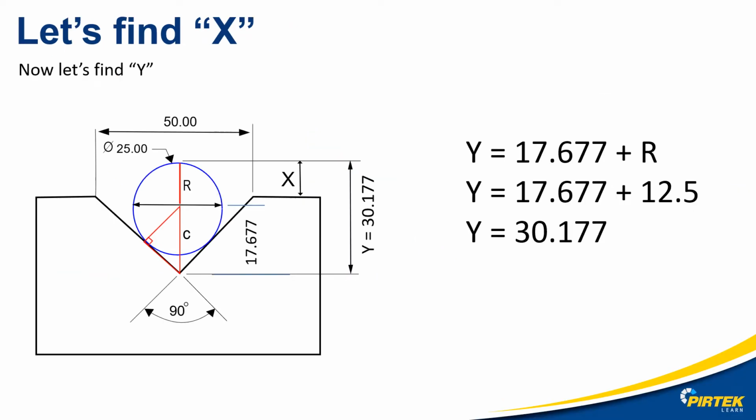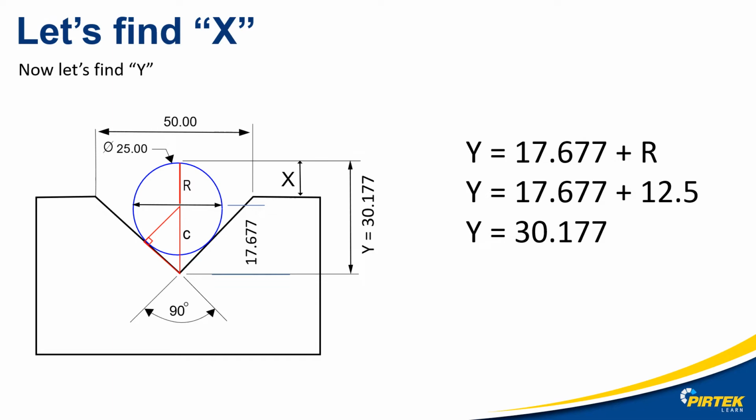Okay, remember, X distance is from the top of the V block to the top of the ball. So first thing we'll do, let's work out, we'll call it Y, which is the hypotenuse plus the radius of the ball. That will give us the distance from the bottom of the groove to the top of the ball.